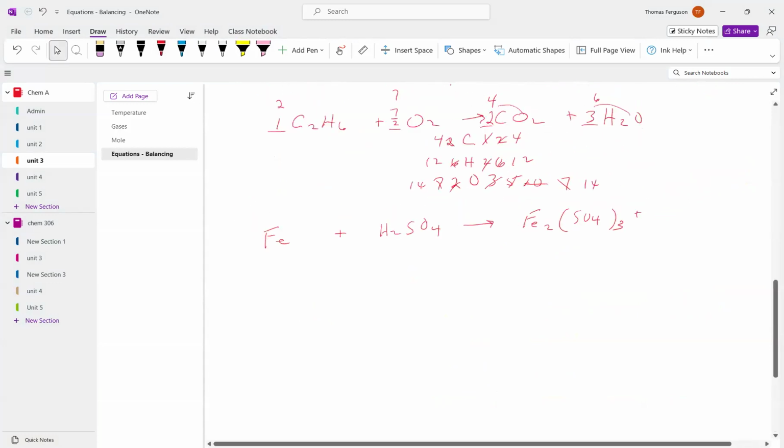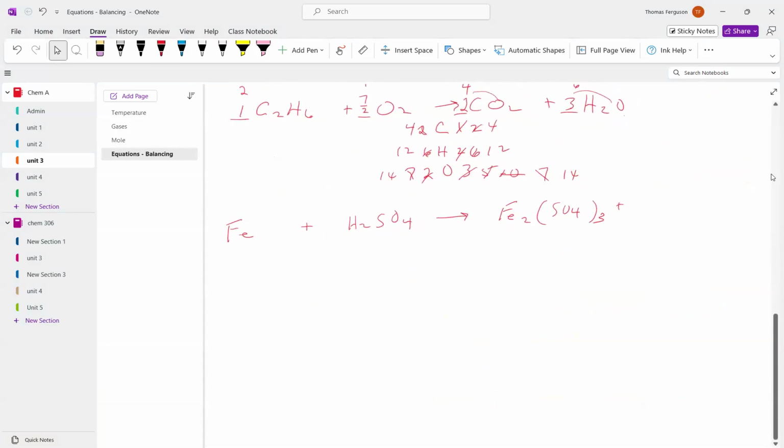What did I leave off? Water? Okay. Now, one way to do it is by writing down those and doing an inventory. Now, there's another way to do it. It's very similar to this, and it's a little less cumbersome.